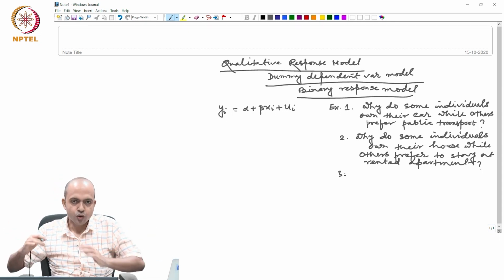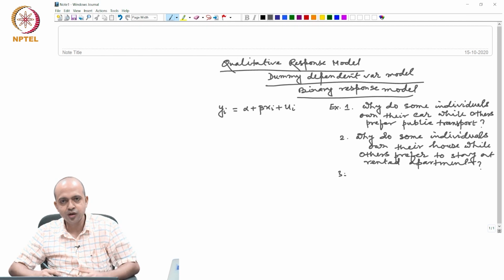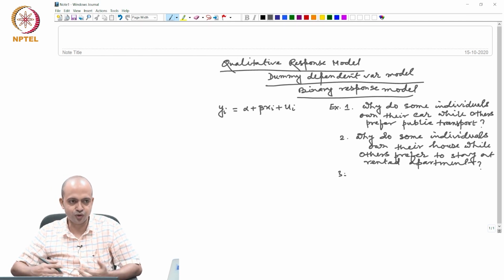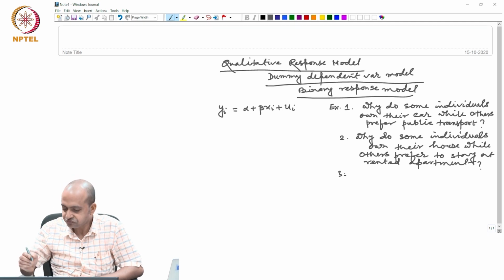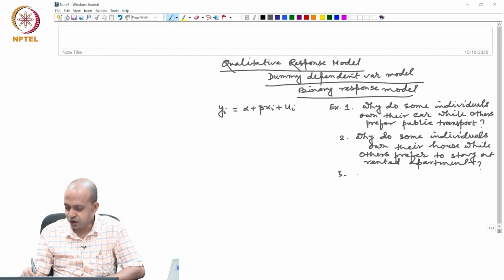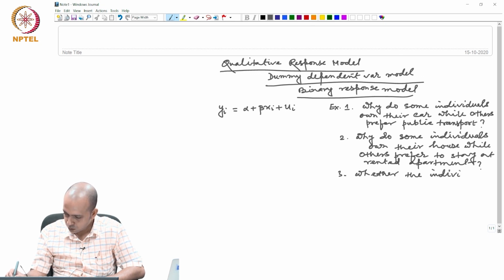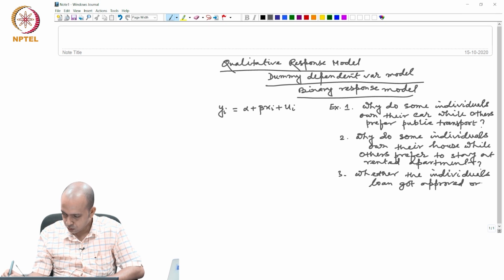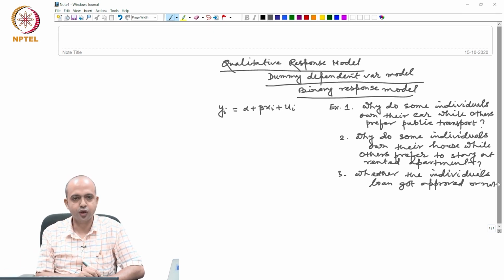With all these factors, you explain whether the individual's loan got approved or not. This is the research question.